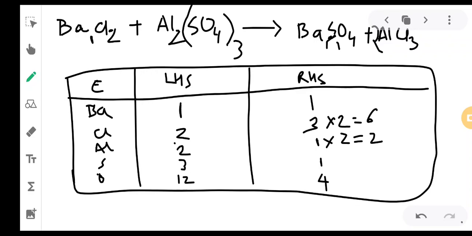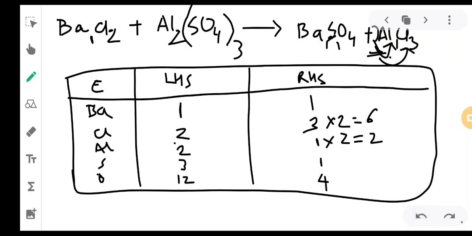Chlorine will become 6 in number, right? Whenever you multiply 2 over here, it gets multiplied to both, aluminium as well as chlorine.